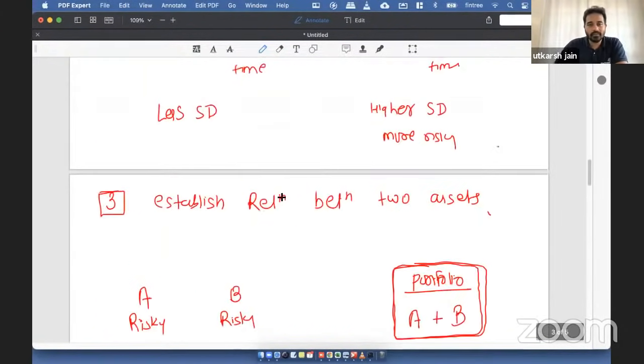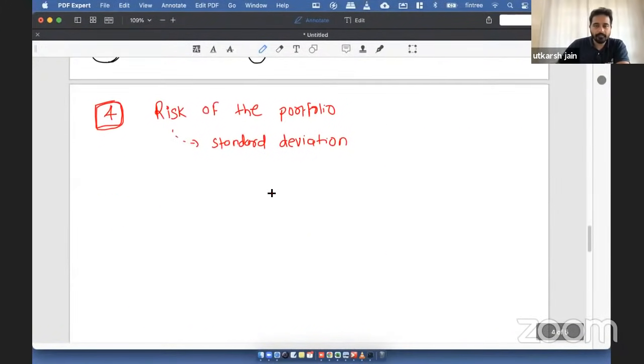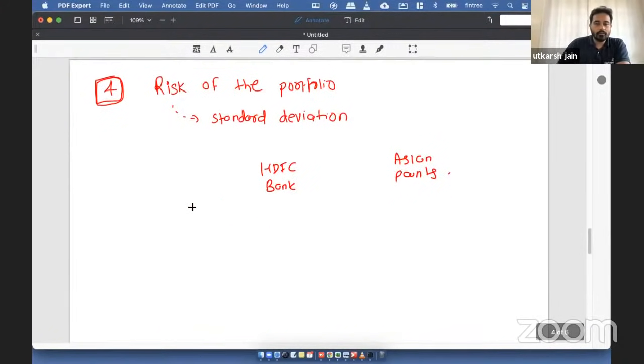So again, let's go back to the same two stocks, HDFC Bank and Asian Paints. Now let's bring in their individual risk or standard deviations calculated through a statistical tool. Today I'll be showing you in Excel how to do it.